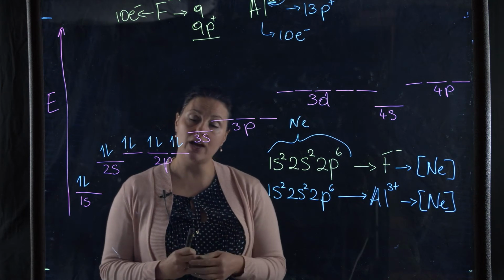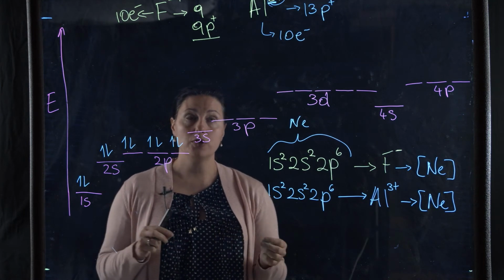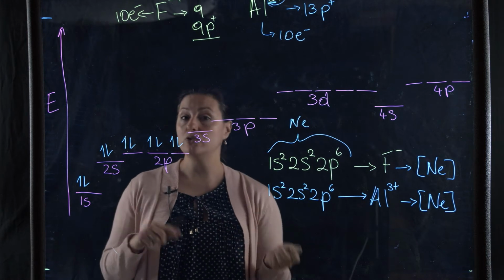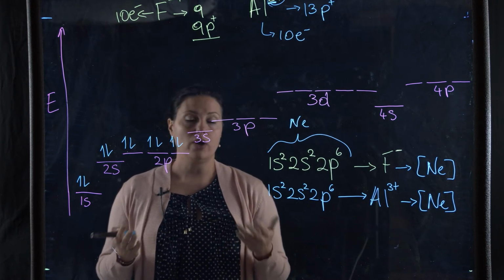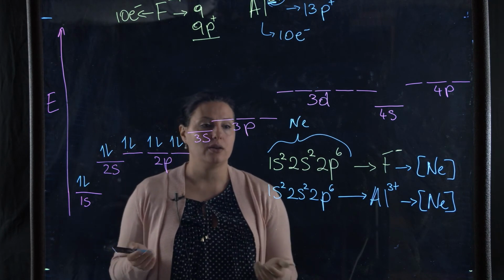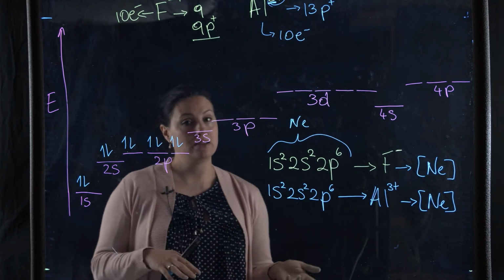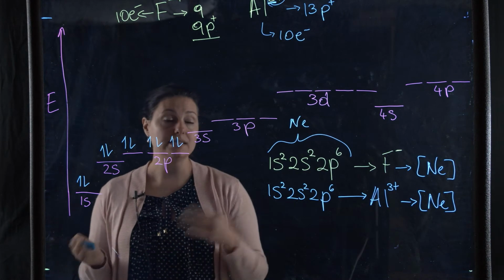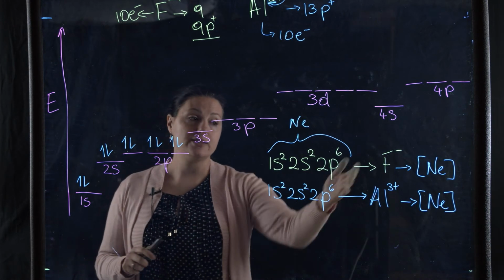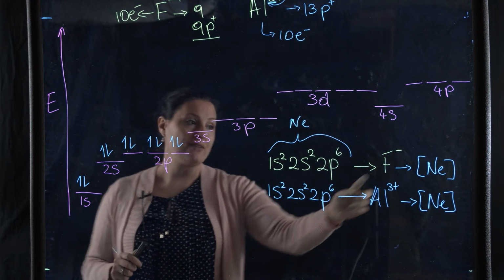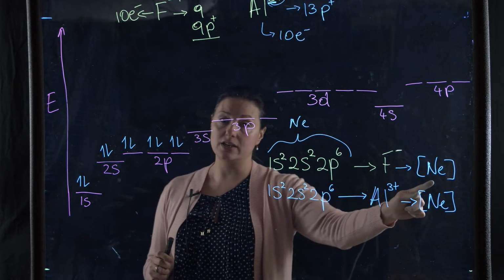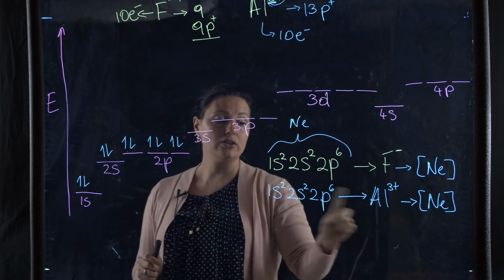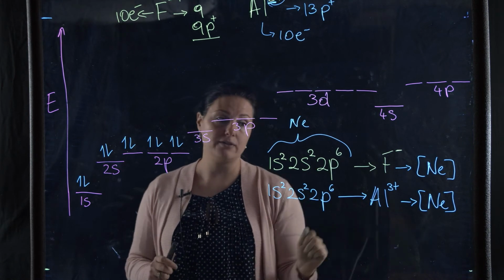However, when we talk about ions, ions are formed from the original element by losing or gaining electrons, and they lose and gain more than one electron. Some might lose more, some might gain more, some might lose less and gain less. However, as we see here, we have a negative ion that gained an electron to get to neon configuration, and we have an ion that lost electrons to get to neon configuration.